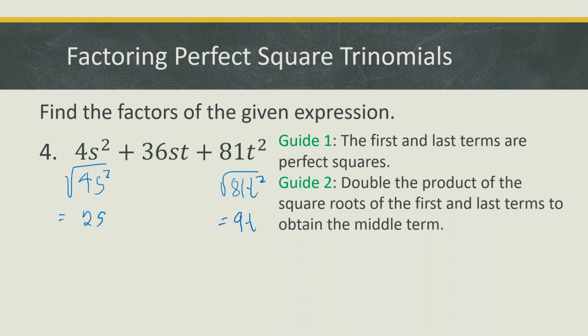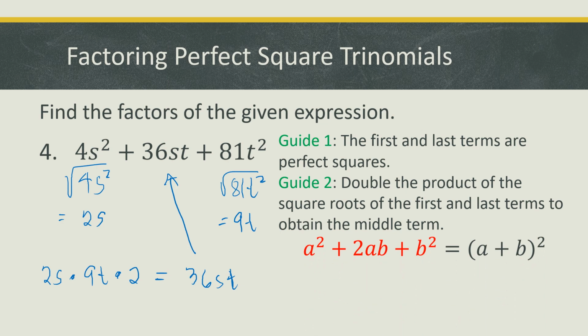And for guide 2, double the product of the square roots of the first and the last terms. 2s multiplied by 9t, and then doubled. 2 times 9 is 18, times 2 is 36, and s times t, st. And now we obtain our middle term.